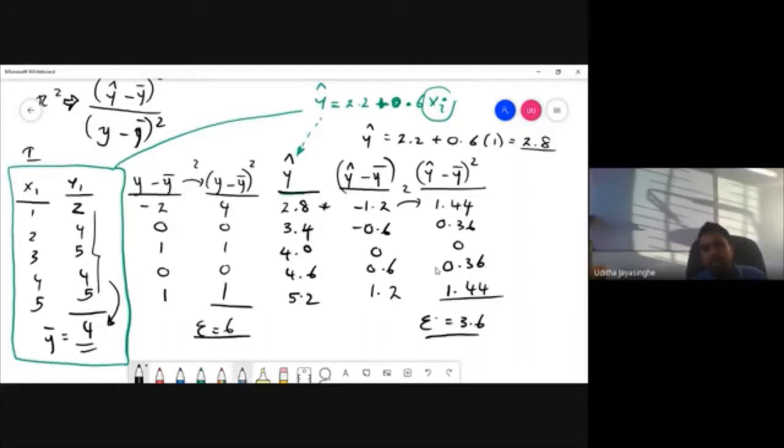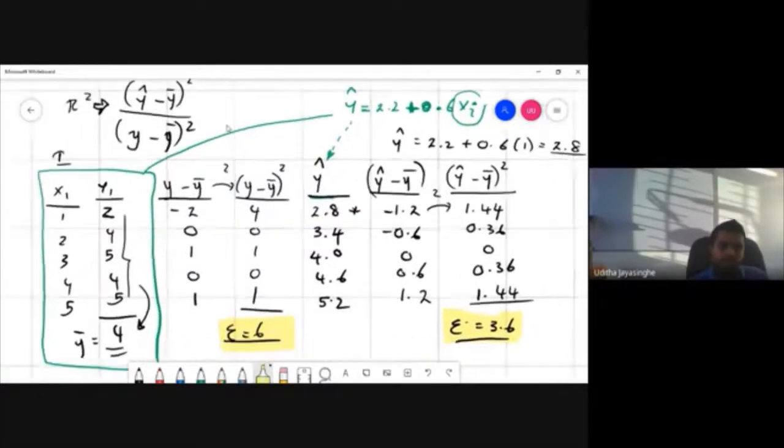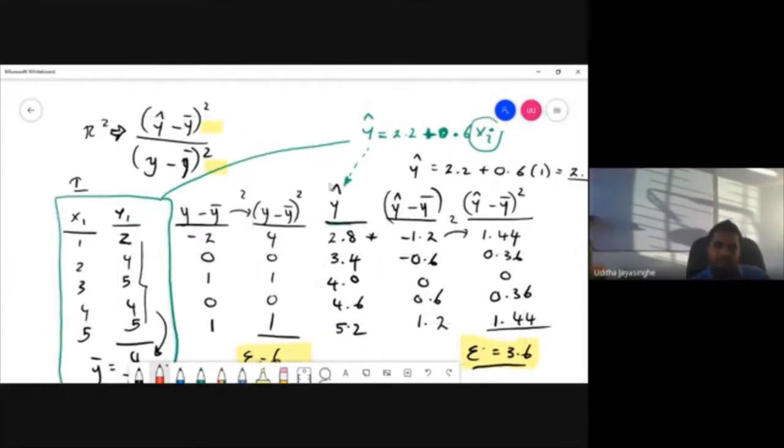Done. These are the individual elements I was looking for to be applied to this R square equation. This and this. If I just apply these numbers to the R square equation, I will be left with 3.6 divided by 6.0, and the answer is going to be 60%. This is the computation.